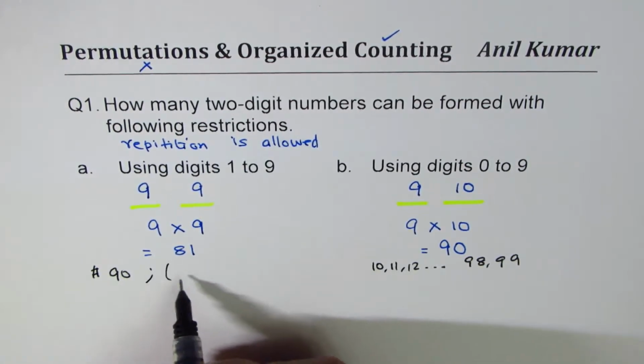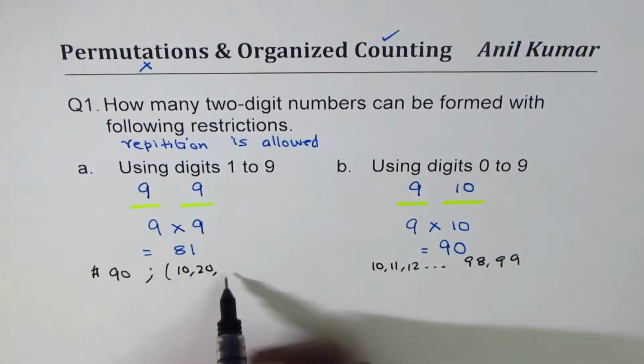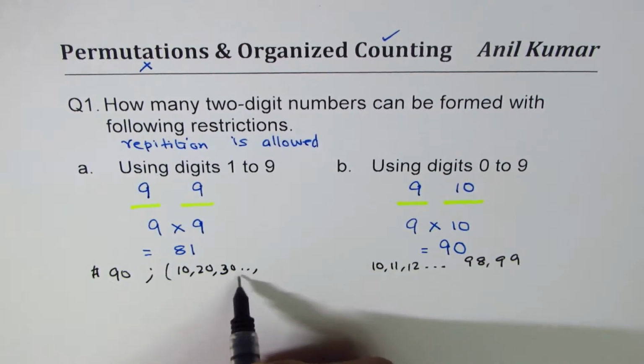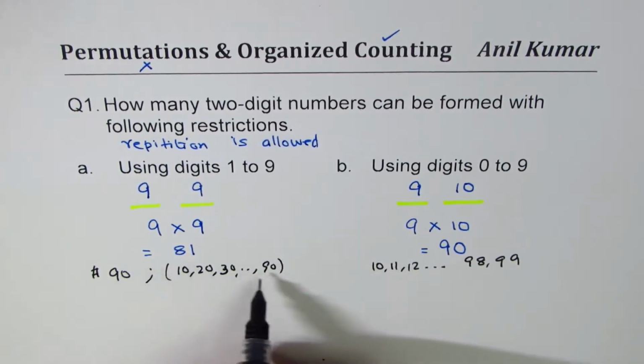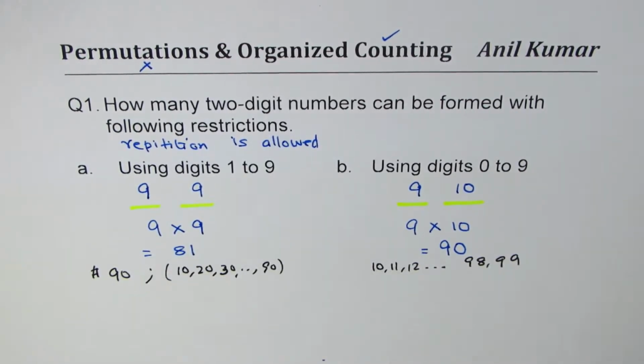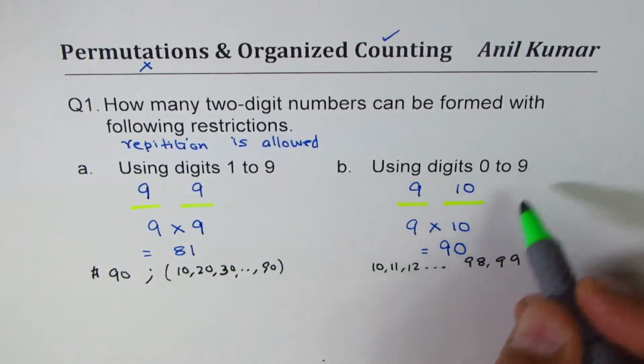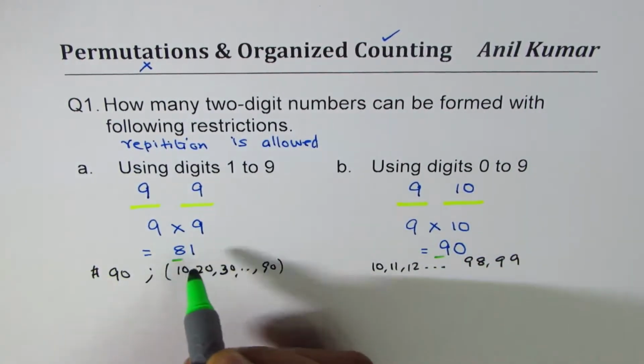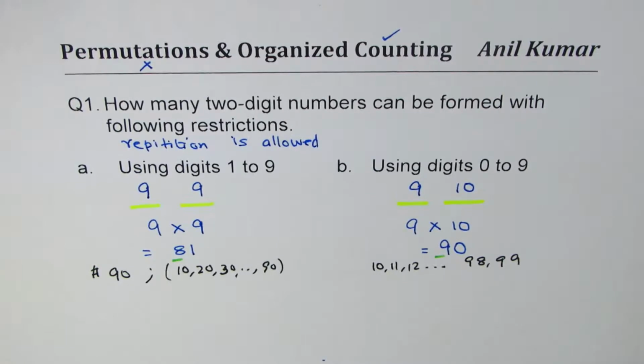Numbers like 10, 20, 30 to 90. Do you see that? So we take away those many numbers, which is 9. So 90 minus 9 is 81. So that kind of checks that the answer is correct. So the answer is 81 for the first one and 90 for the next one. So that is how we can find answers of such questions.